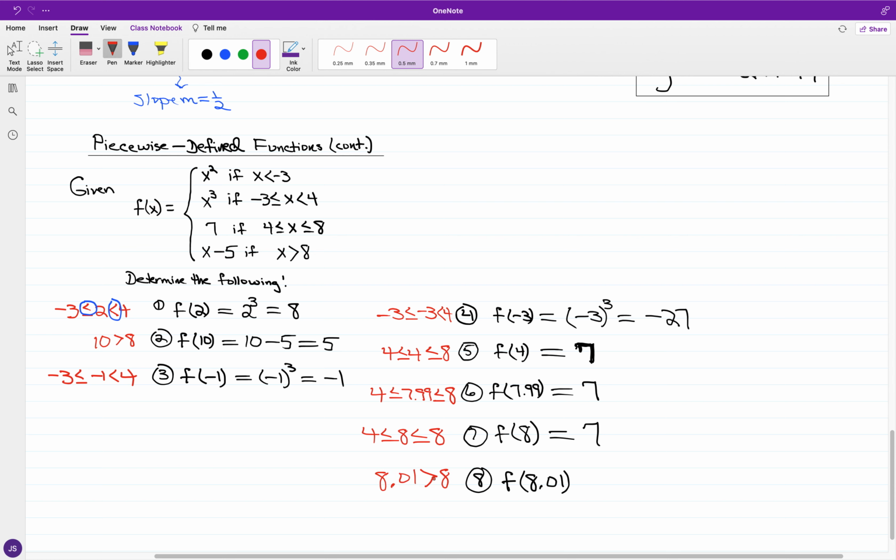With x minus 5 and x at 8.01, we have 8.01 minus 5. And so the final output will be the decimal value of 3.01.